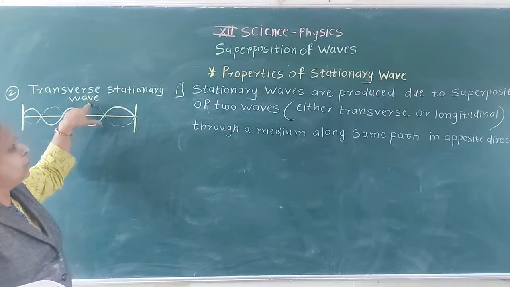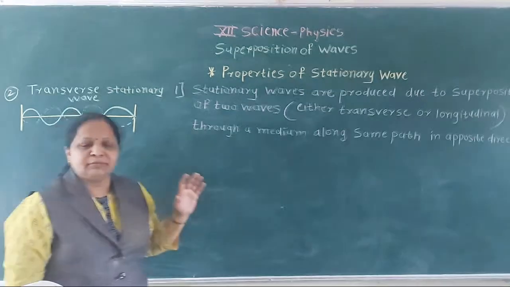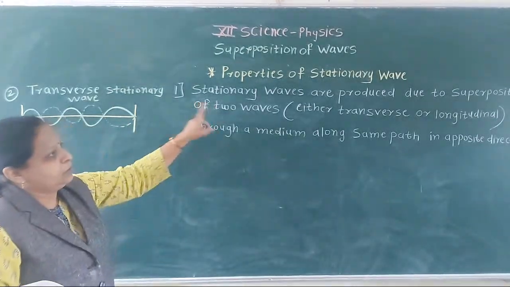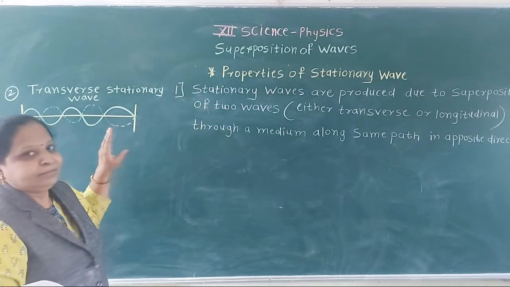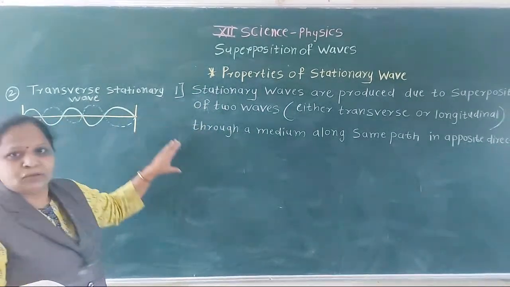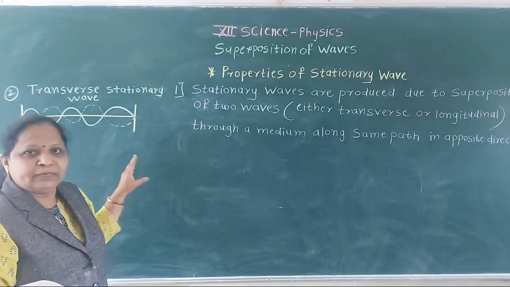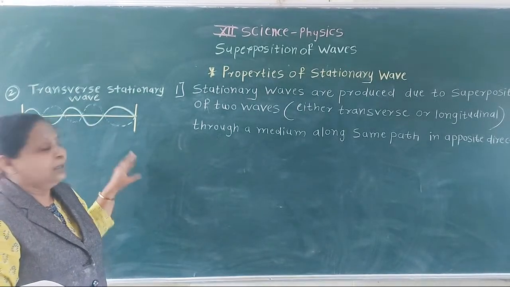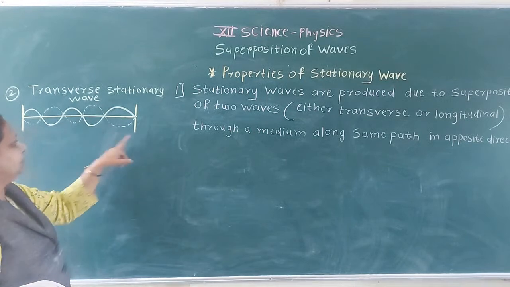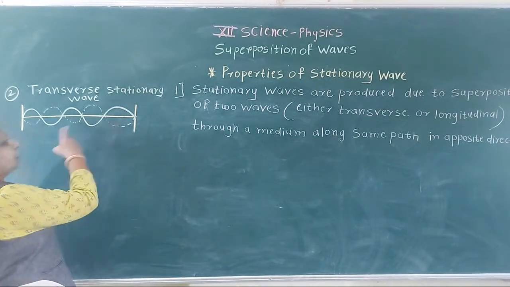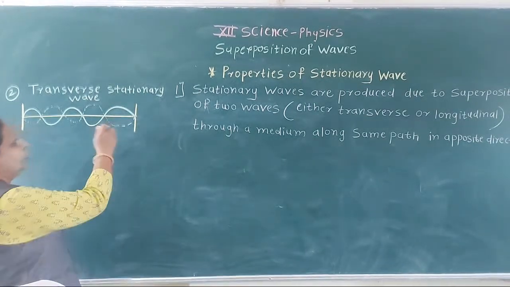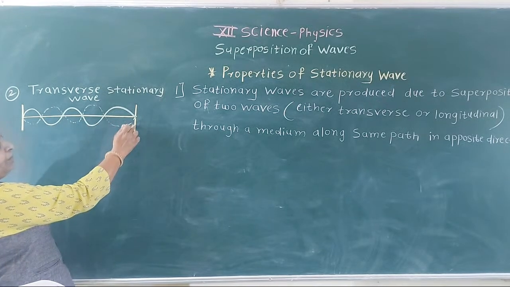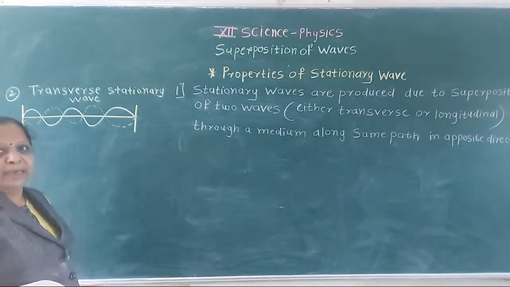Transverse stationary wave means when two transverse waves are produced due to superposition. When two transverse waves superpose to each other or interfere to each other, then the resultant wave, you can see in this diagram, the two waves are superposed to each other through a medium along the same path but in opposite direction.